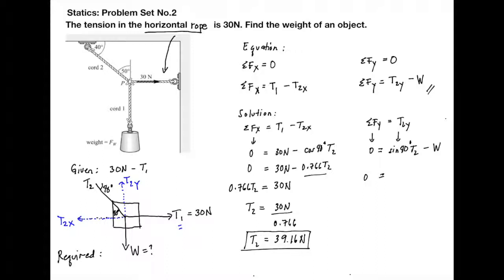And sine 40 degrees is simply 0.643. The value of T2 is 39.16 Newton minus the weight. So transferring the weight to the other side, that will become positive. And that is 0.643 times 39.16 Newton to give us an answer of 25.18 Newton.